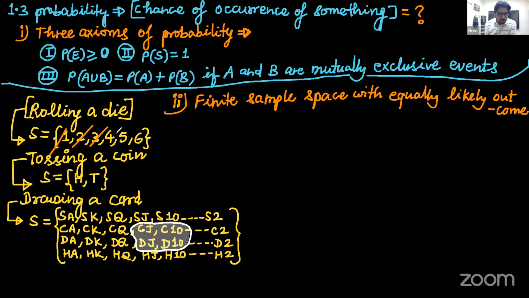You have 1, 2, 3, 4, 5, 6, finite. You have 1, 2, finite. You have 1, 2, 3, 4 plus 9, 13.